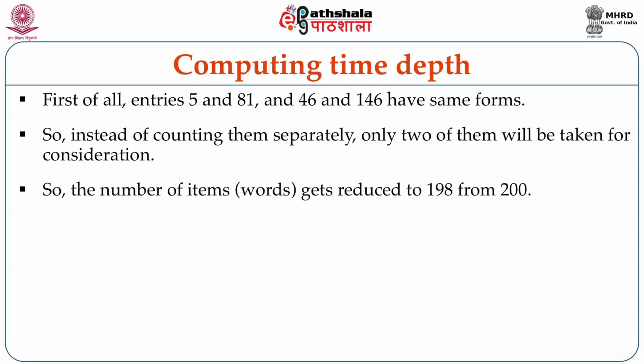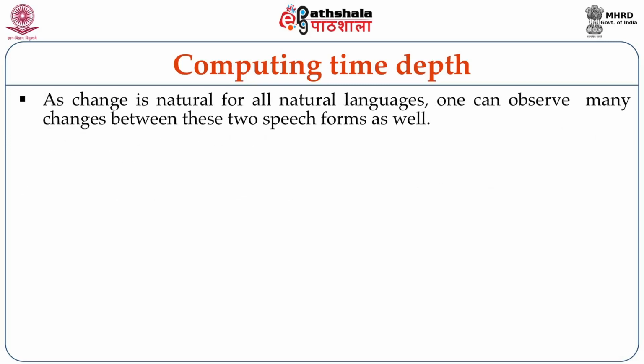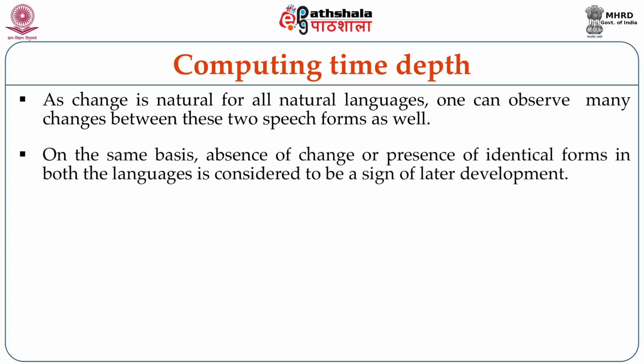So the number of items or words gets reduced to 198 from 200. As change is natural for all natural languages, one can observe many changes between these 2 speech forms as well. On the same basis, absence of change or presence of identical forms in both the languages is considered to be a sign of later development or a borrowing, mutual borrowing.